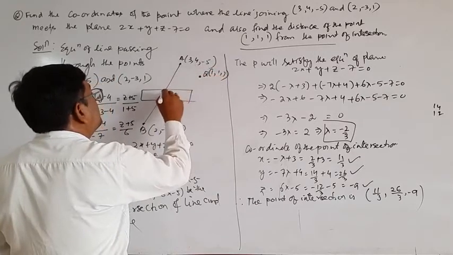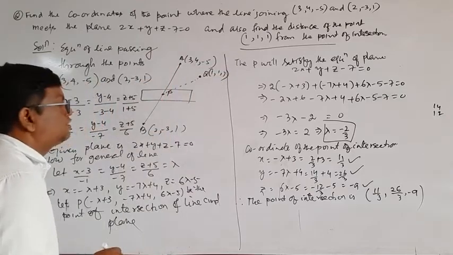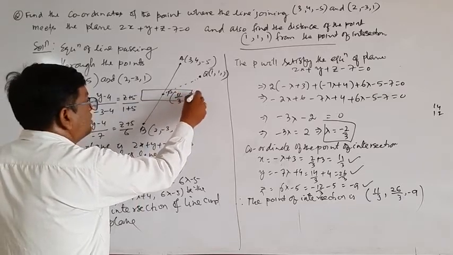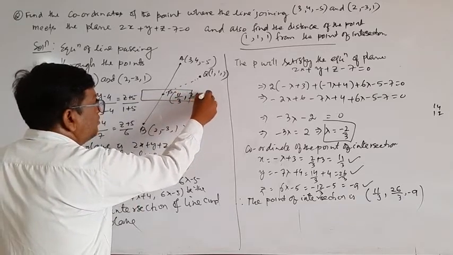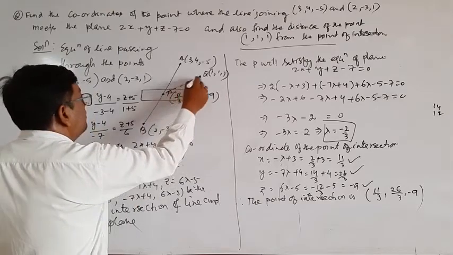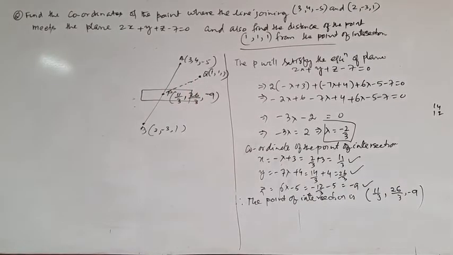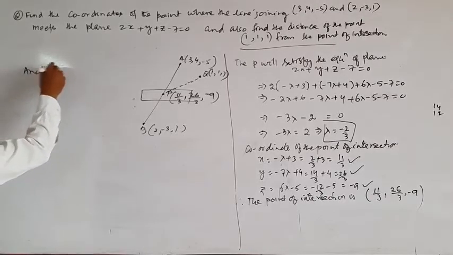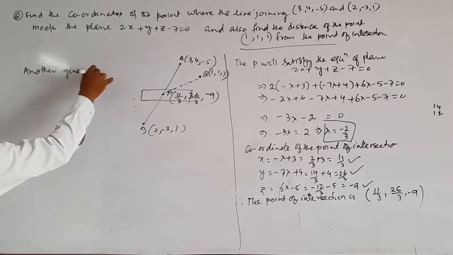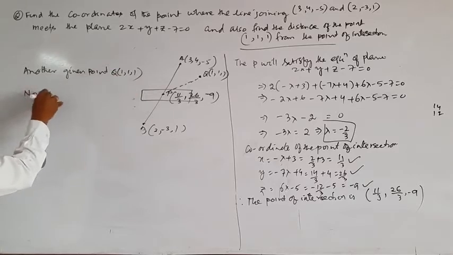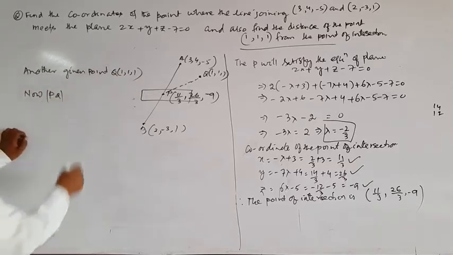Now the distance between P and Q, where P is 11 by 3, 26 by 3 and minus 9, and the given point is Q of 1, 1, 1. Now the distance PQ according to the question is what?